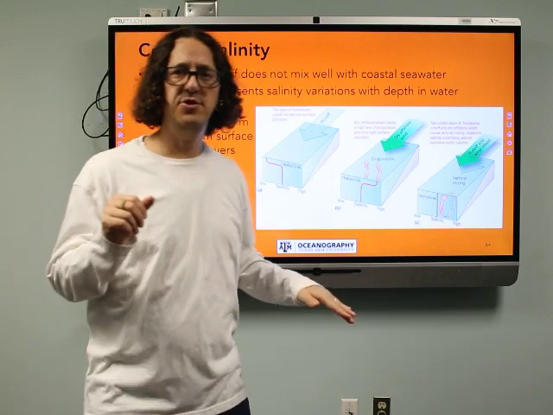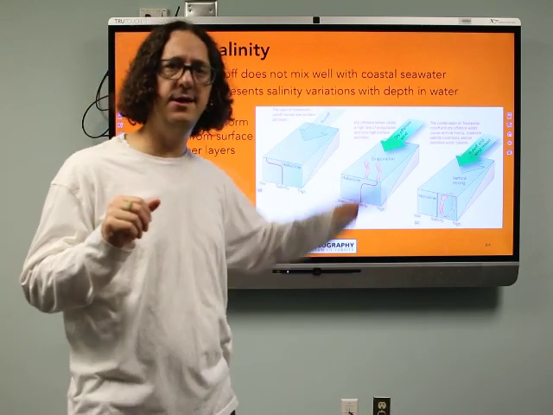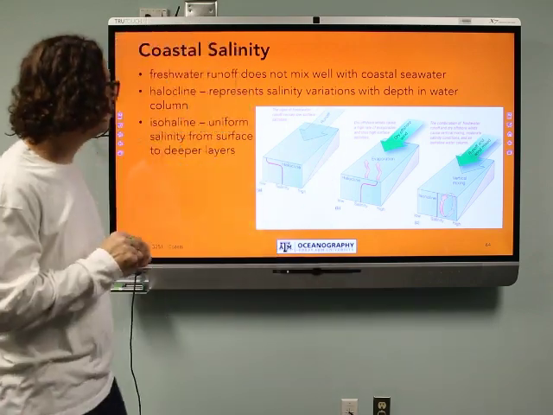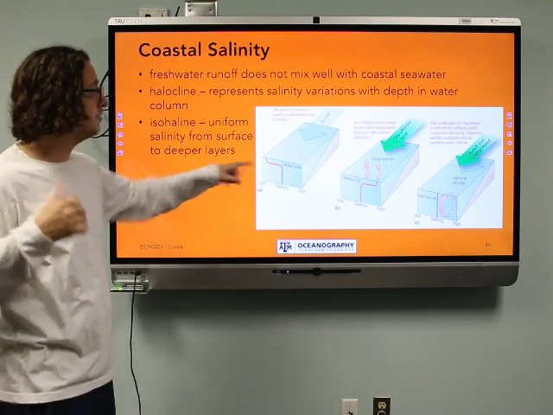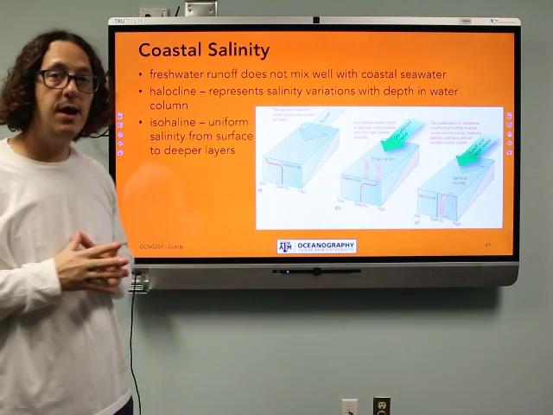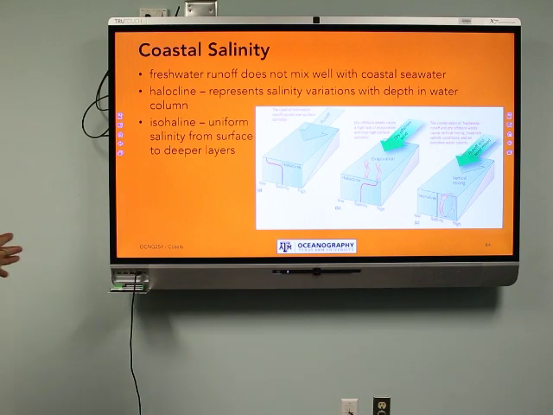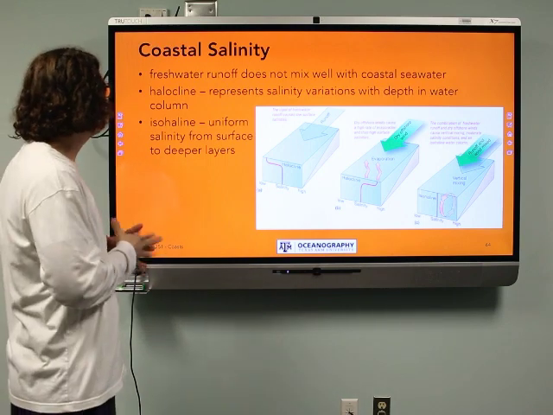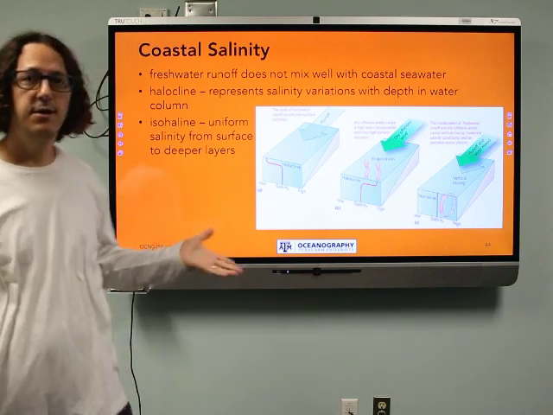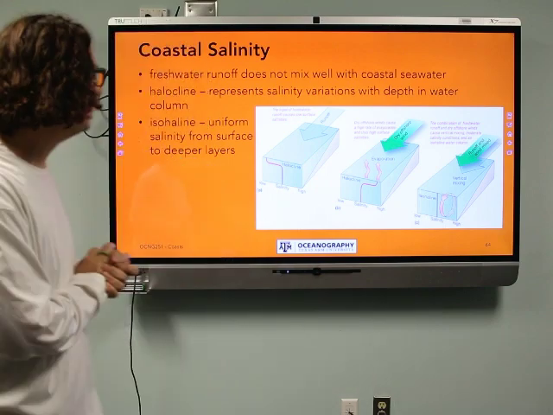You see changes in temperature for sure, salinity, and nutrients. Closer to shore, you can see haloclines become a little bit more prominent. Halocline represents salinity variations with depth in the water column, just like thermocline represents temperature gradients.